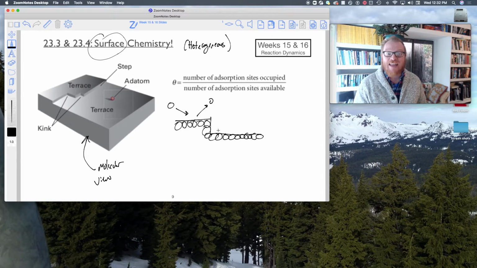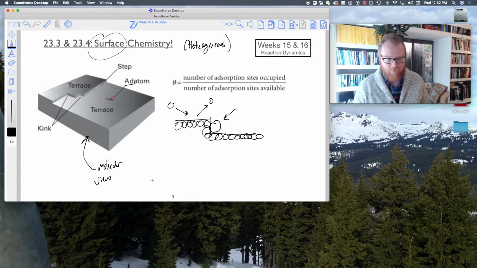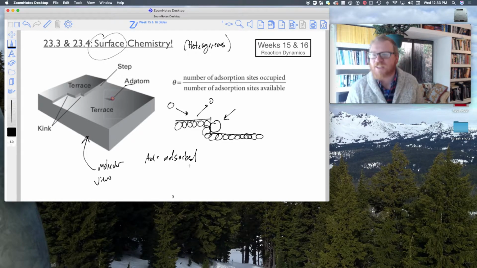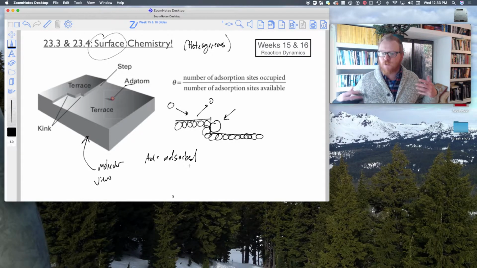However, these steps and kinks are great places to stick what we call an add atom. So an atom that has adsorbed. So add equals adsorbed. Not absorbed. It's tempting, I did it again. I can't talk and write at the same time. It's tempting to use the word absorbed like a sponge absorbs water, but we use absorb for photophysics, like absorbance in spectroscopy.